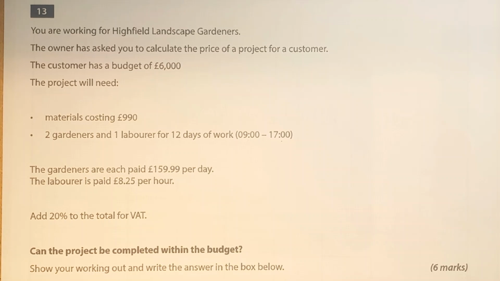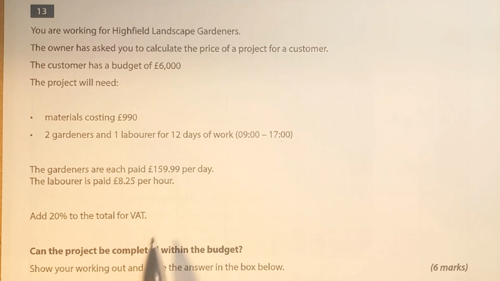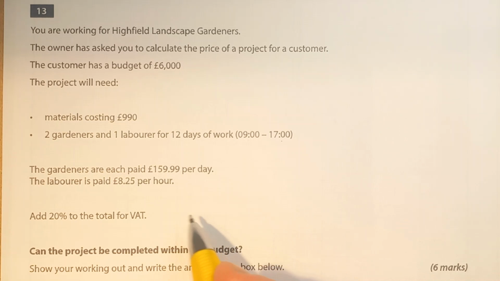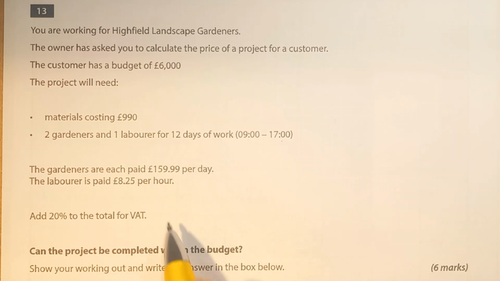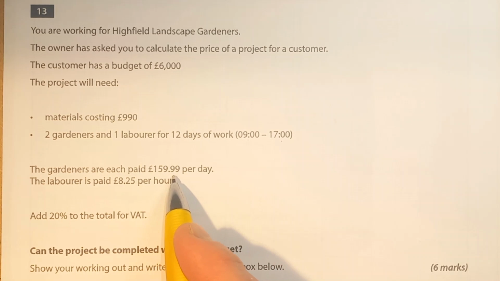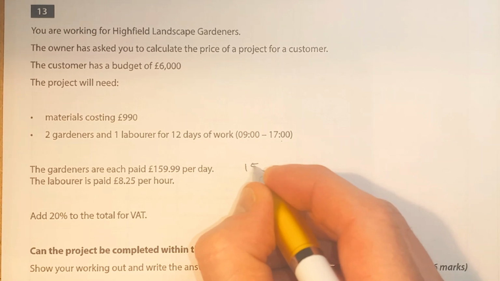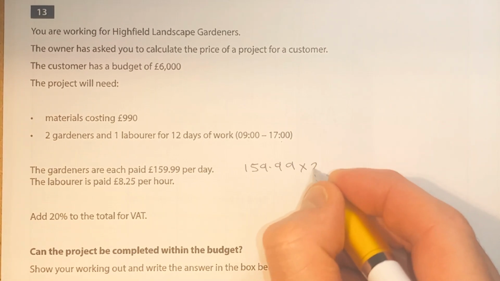Right, so lots of things to work out. We've got our material cost, that's the easy bit. We want to work out the cost for the gardener and the labourer. Well, how long are they going to be working? 2 gardeners and 1 labourer for 12 days of work. Well, if the gardeners are paid £159.99 per day, we've got 2 gardeners, so times by 2.